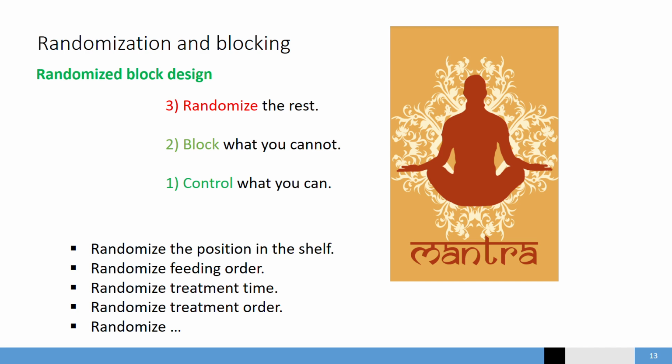And randomize the feeding order, the treatment time, the treatment order. I know people that randomize the pipettes that they use within their experiment. They also randomize the person that applies the experiment. So you can be very creative about all kinds of randomizations.